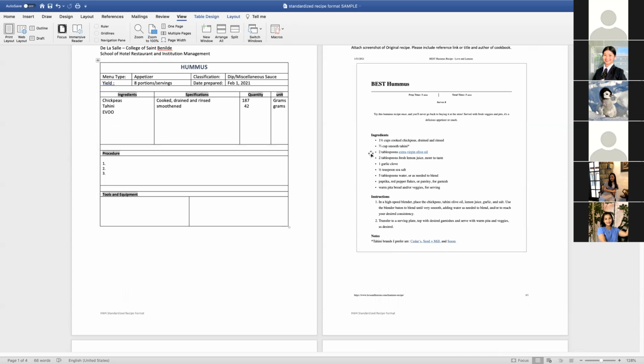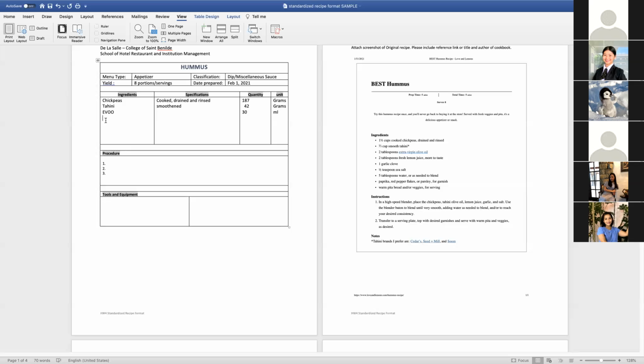Half of 4? 30. So you are using 30 ml of extra virgin olive oil.